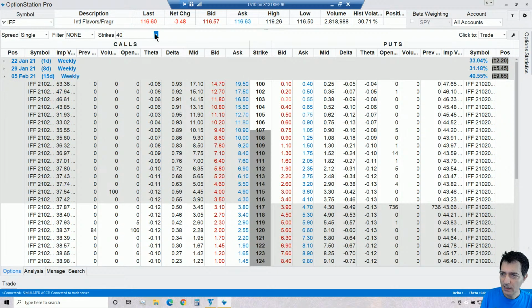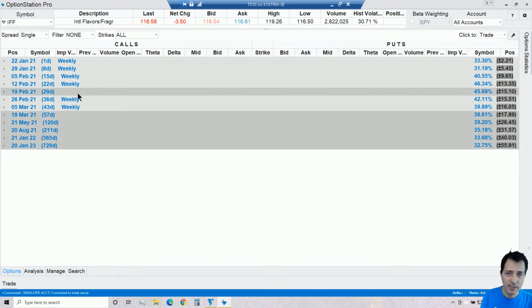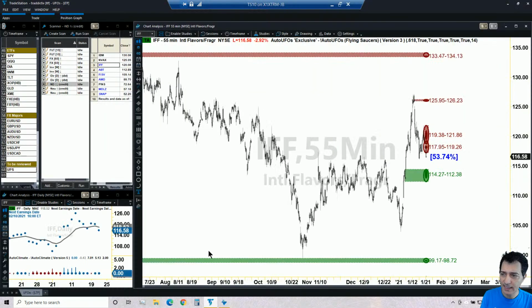Let me see. Let's load everything. Even if I load everything, I don't have the 99. The lowest I have is the 100. And if I was to sell the 100, it only pays me 25 cents, which is not the 35 cents that I need. So no go on this particular case.